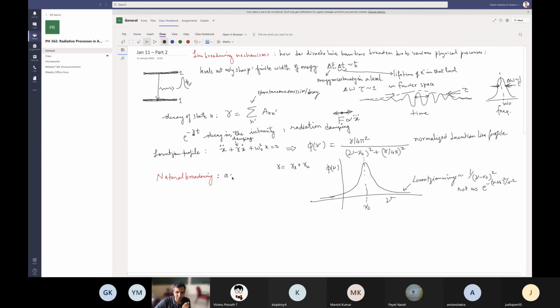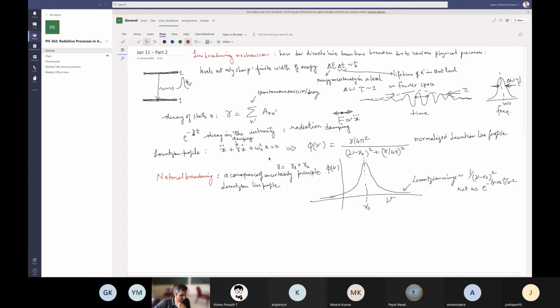This is a consequence of the uncertainty principle, that you cannot have energy which is absolutely precise. There is some uncertainty associated with energy, and that causes this finite lifetime of the energy level. Okay, so this is natural broadening, and it gives rise to a Lorentzian line profile.